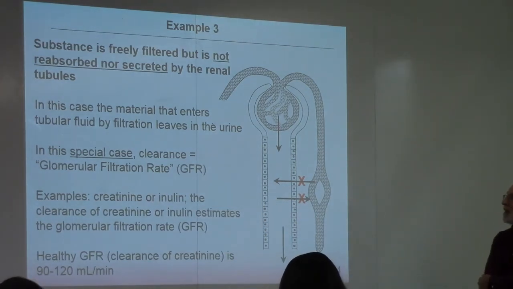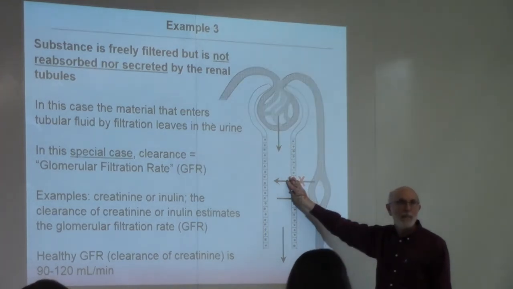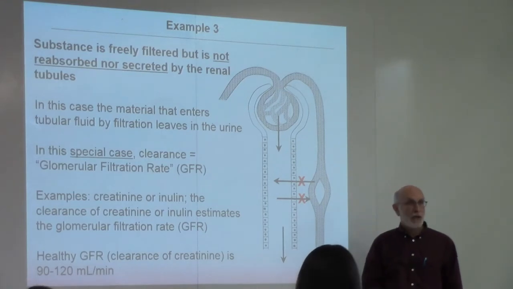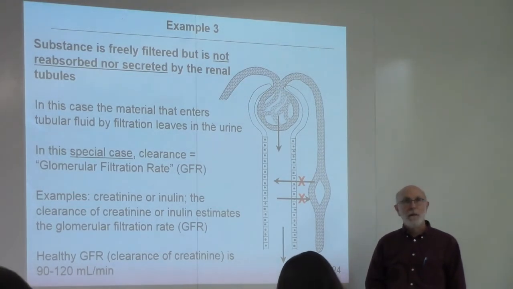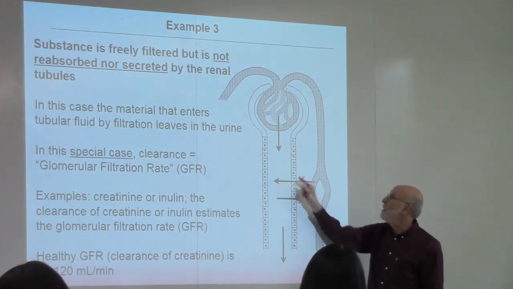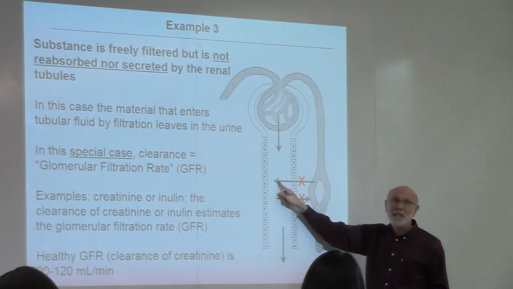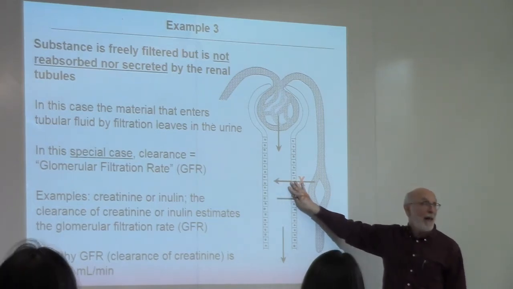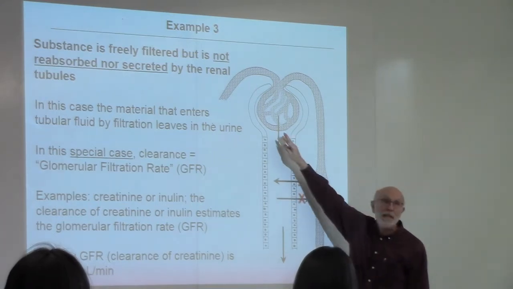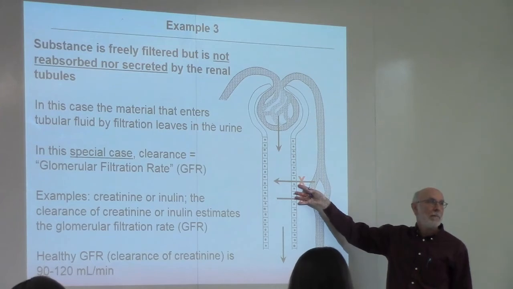Anything that is freely filtered and not processed by the renal tubules can be used to measure glomerular filtration rate. Similarly, anything that is freely filtered, but if the reabsorption is completely balanced by the secretion, if these two things counterbalance each other, then that substance can also be used to measure the GFR, because what is in the urine came from filtration, because these two things cancel.